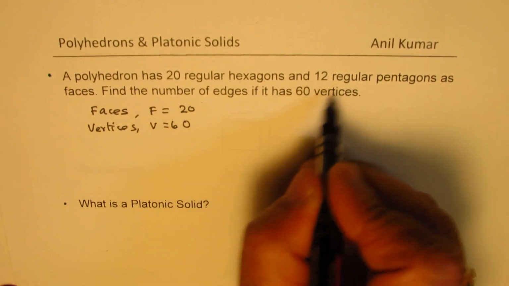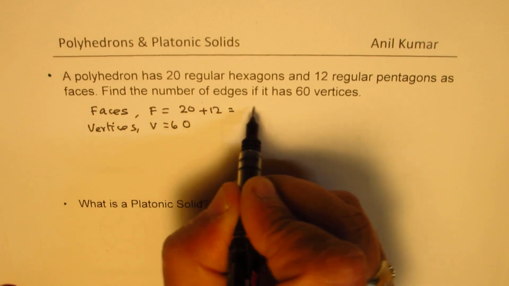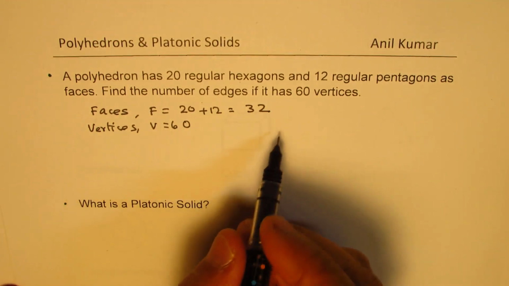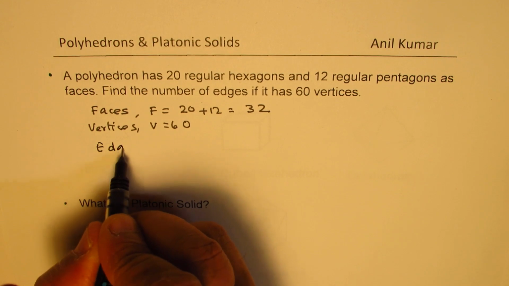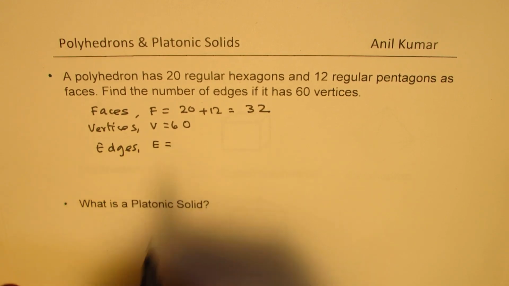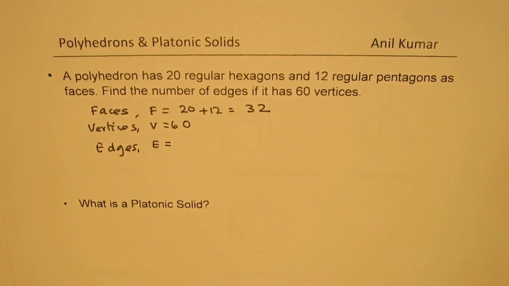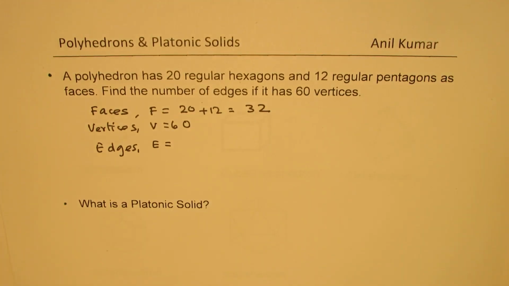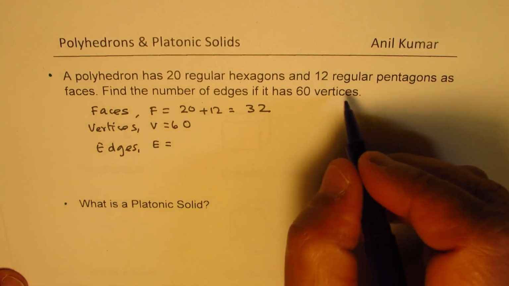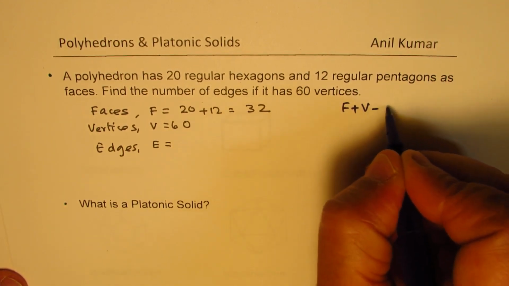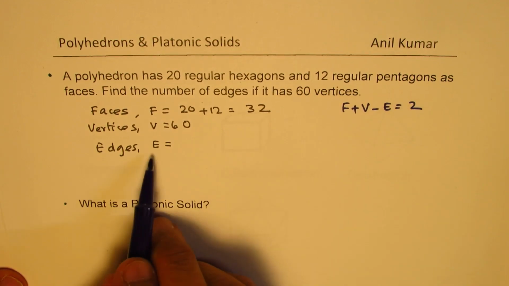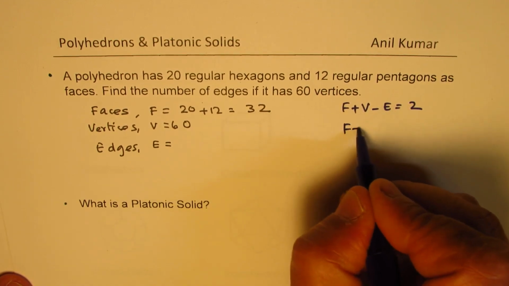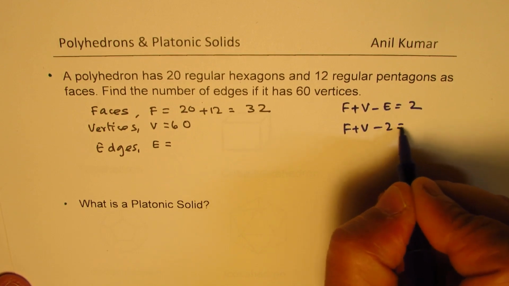Faces is 20 plus 12, do you see that? Which is 32. And we need to find the edges, E. How will you find edges? Well, again use the same formula. That's a very important formula. Faces plus vertices minus edges equals 2. We want to find edges, so faces plus vertices minus 2 is edges.